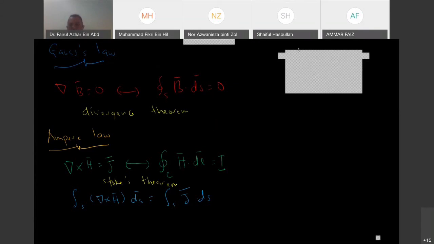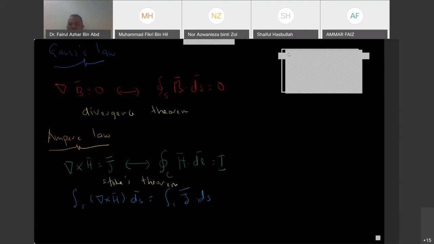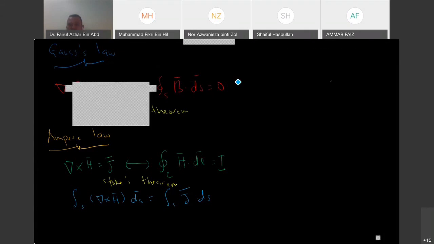If you remember in electrostatics, we learned about the topic we call potential, the potential in an electric field.